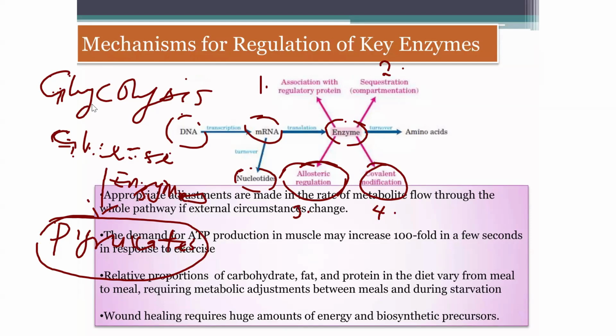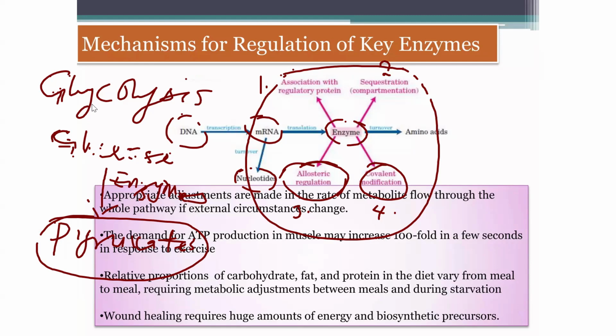At the same time, all these post-translational processes are used in increasing the activity of the enzymes. And of course, in terms of metabolic regulation, it is not just about increasing or decreasing the activity of the enzymes.